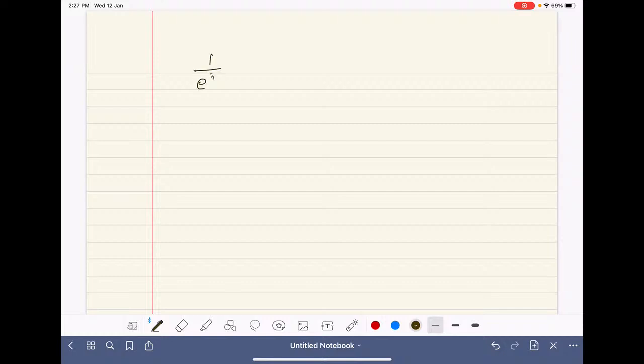One by e power i theta u r plus 1 by e power i theta v r times i equals 1 by i r e power i theta times u theta plus i v theta.